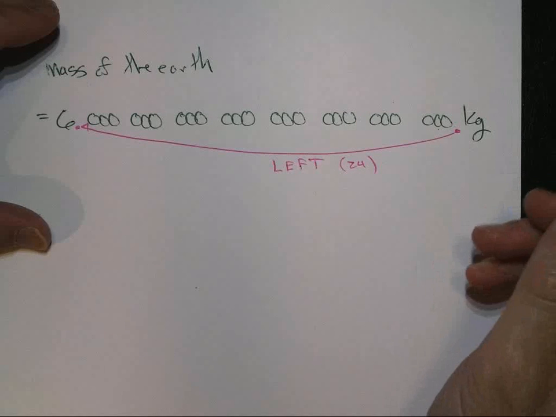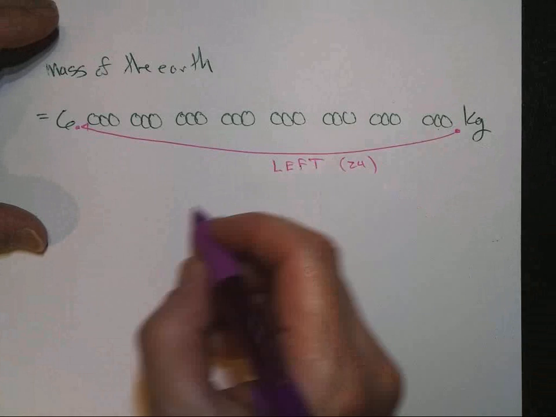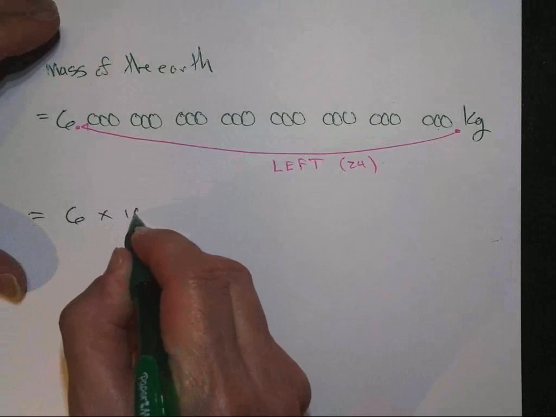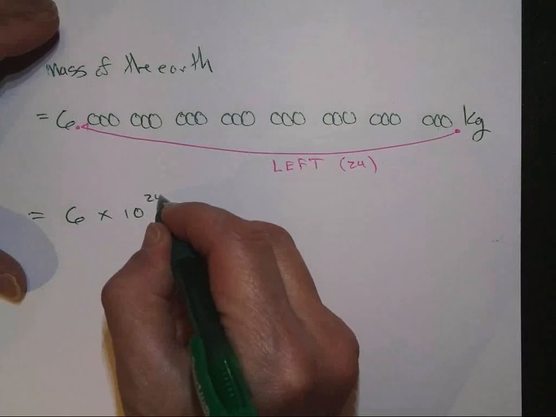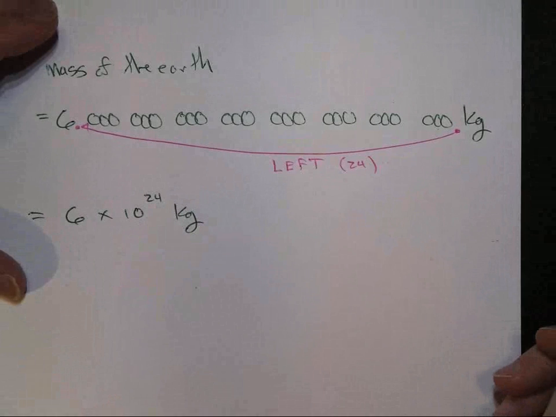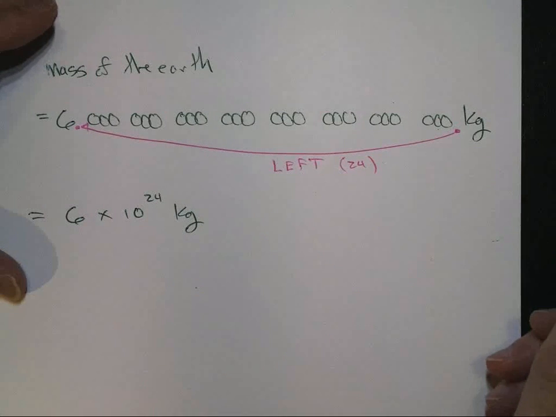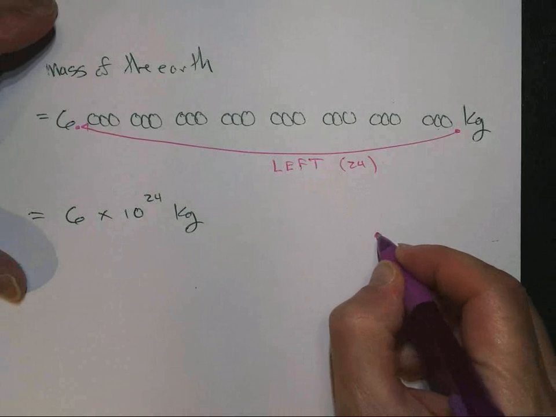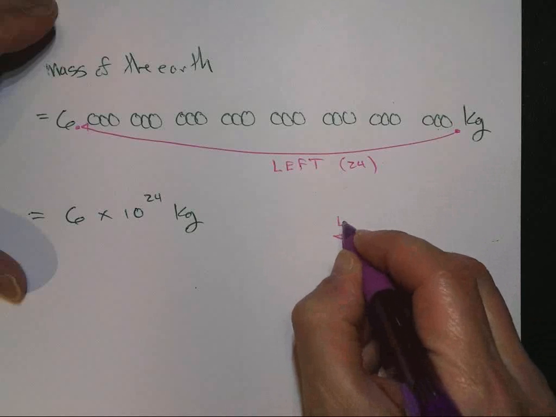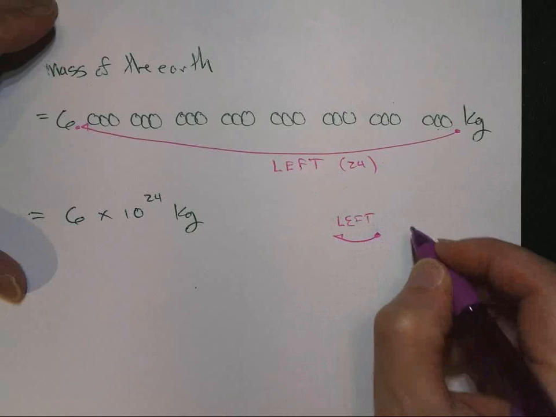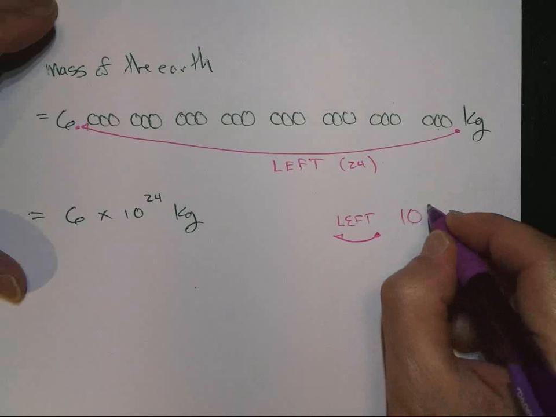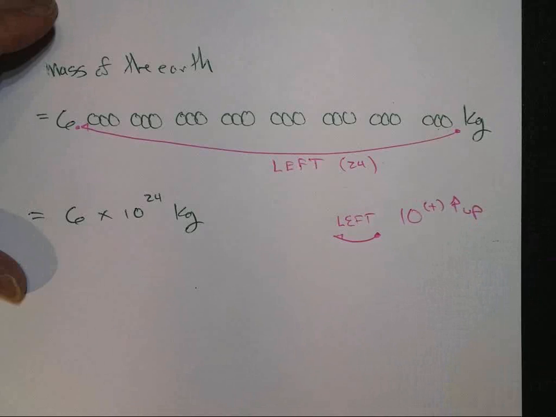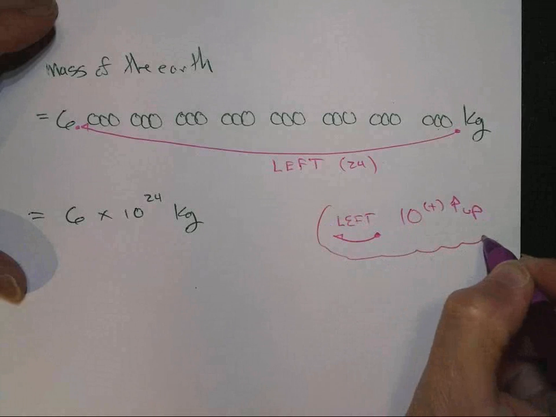Now when you move the decimal point to the left, when we put it into scientific notation, this is going to be 6 times 10 to the 24th kilograms. So when you have a very large number, you move the decimal point to the left, and the power of 10 is positive, and it goes up by the number of places that you move the decimal point to the left.